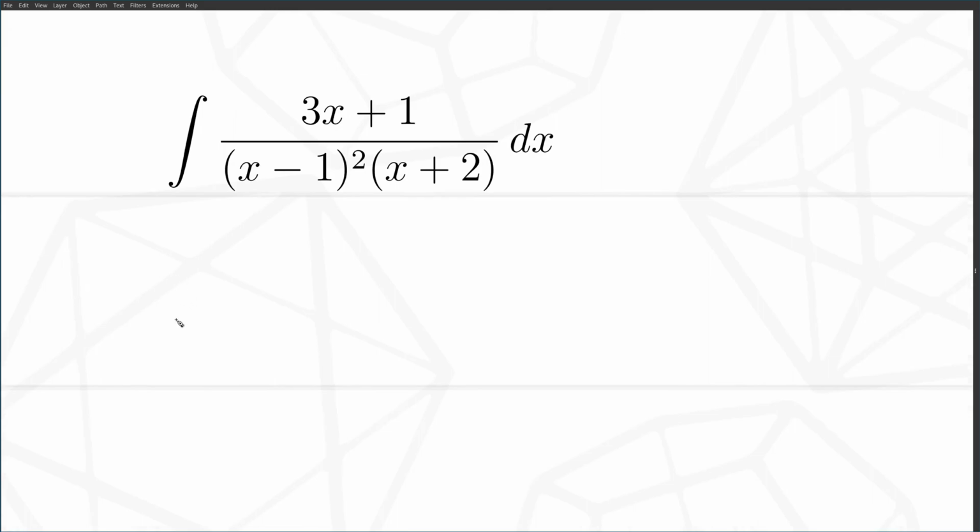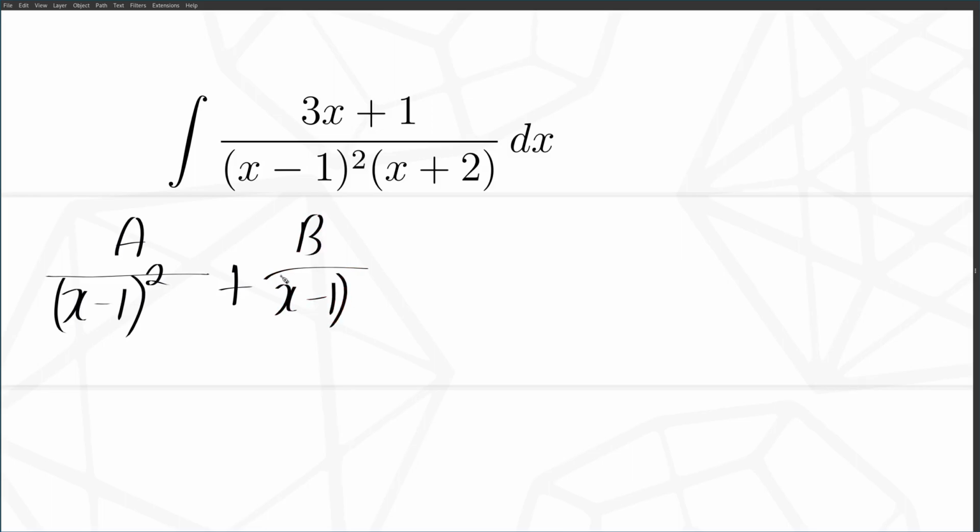Okay, so I'm going to begin with a over x minus 1 squared. And this is what changes. When you have a power here, what you have to do is also make a term for all the ones below that power. So what does that mean? We're also going to include b divided by simply x minus 1.